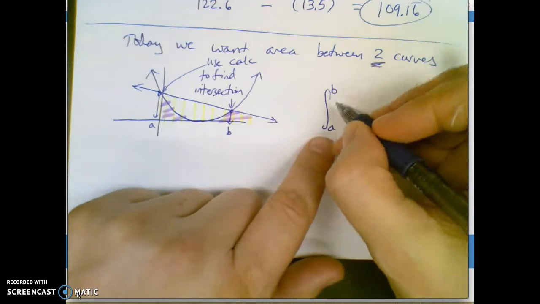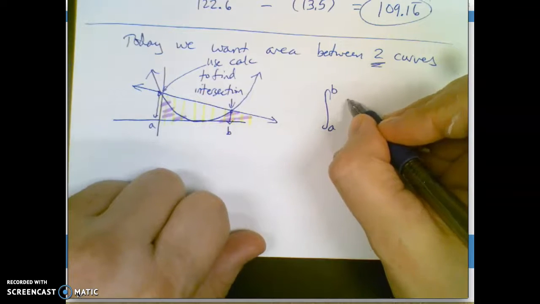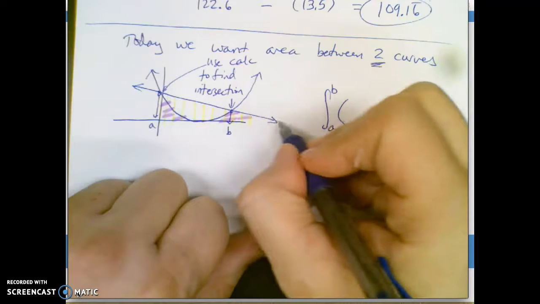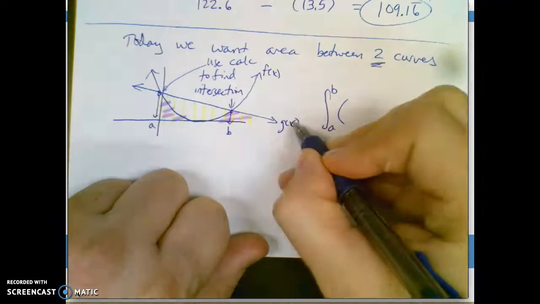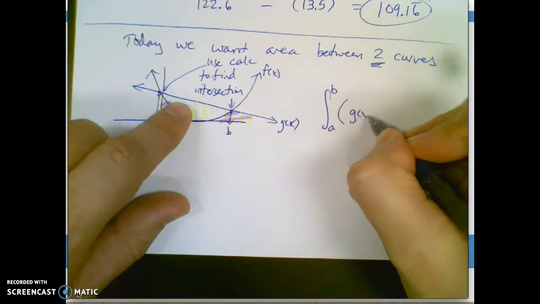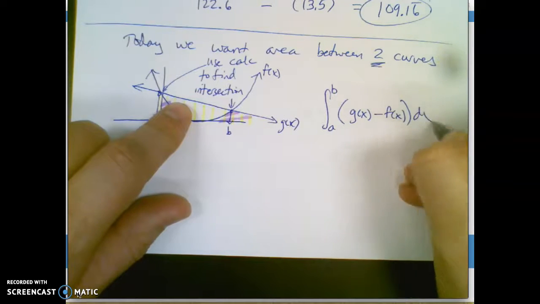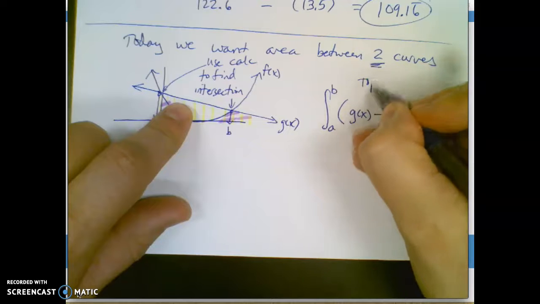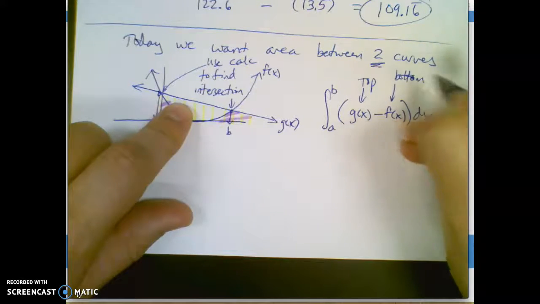So the integral from A to B of, and then you just need to do the top, let's call this f of x, and call this guy g of x. You have to notice which one's on top, because it matters that you do the top function minus the bottom function. That's the top, and that's the bottom. That is how easy it is.